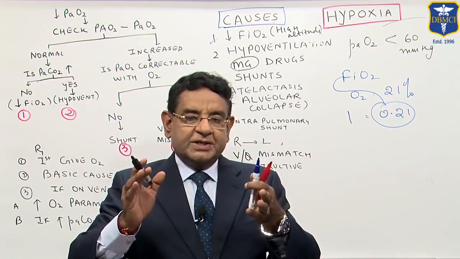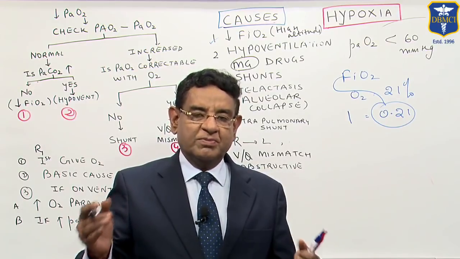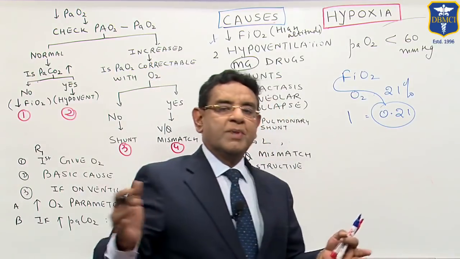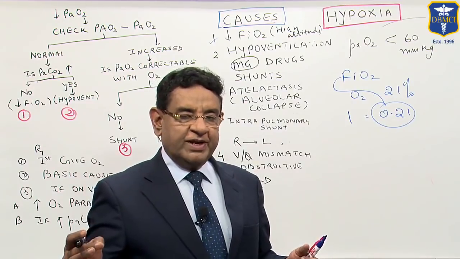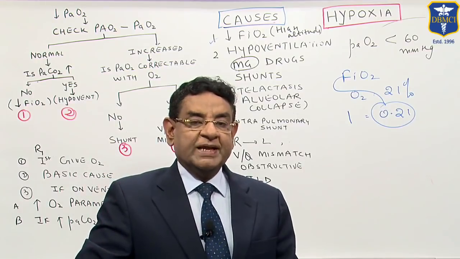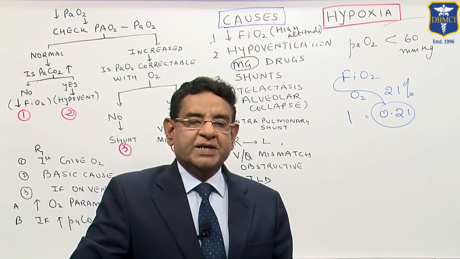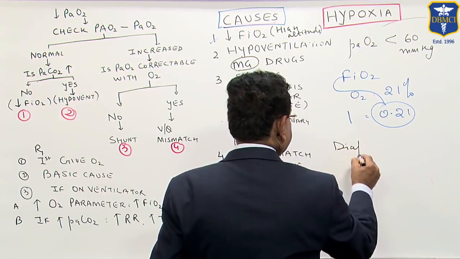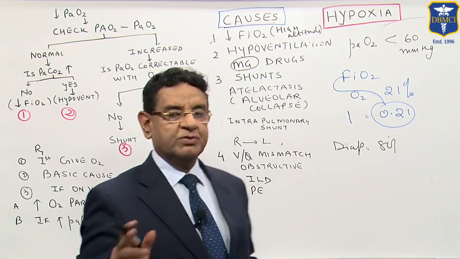In myasthenia gravis the diaphragm gets paralyzed or the respiratory muscles become weak, so there is no movement in the respiratory muscles. You know very well that the diaphragm plays a major role in inspiration. 80% of the inspiratory force is due to the diaphragm. 80% of air goes into the lungs due to the diaphragm.